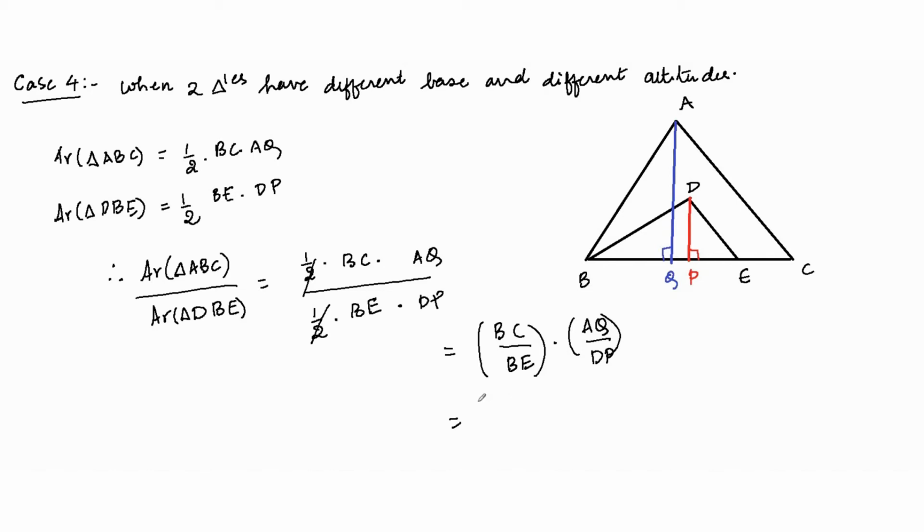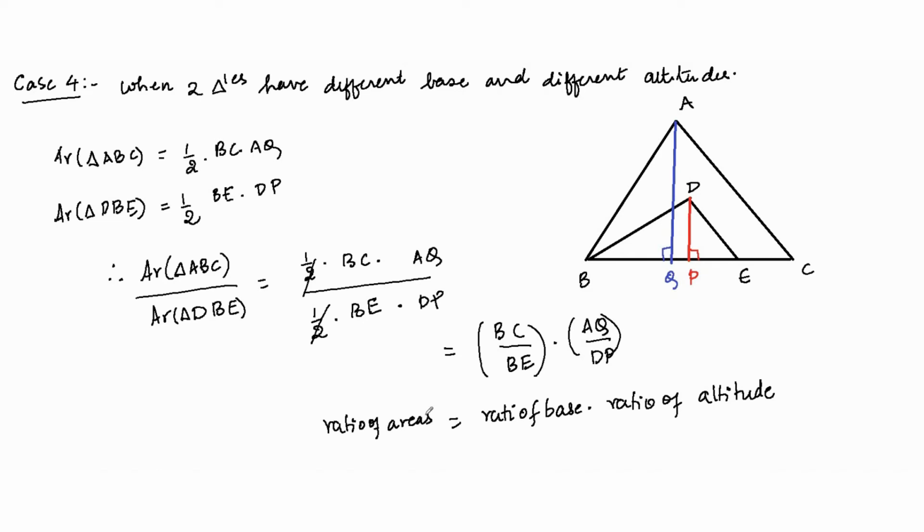So now BC upon BE is nothing but the ratio of their bases, and AQ upon DP is nothing but the ratio of their altitudes, right? And therefore the ratio of their areas is given by the ratio of the bases multiplied by the ratio of the altitudes.